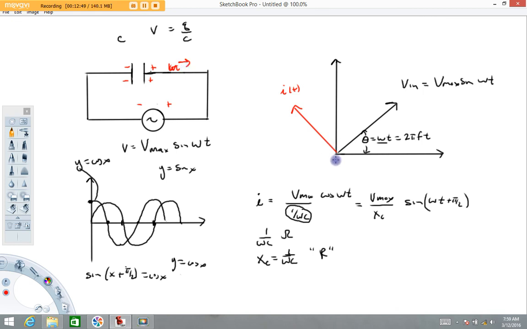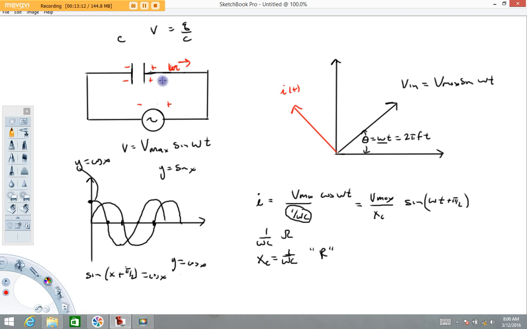So in the phasor diagram, we say that the current phasor is leading the voltage phasor by pi over 2. Imagine when this point swings up to here, this point will be down here, current is 0. And as soon as this swings up and goes a little further into quadrant 2, this point is now below the axis, and the current has reversed direction.